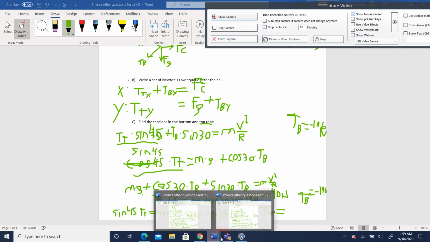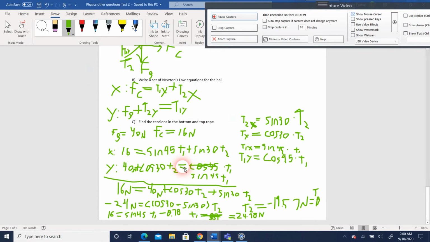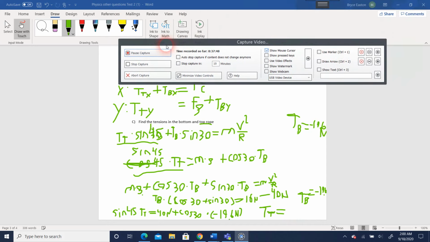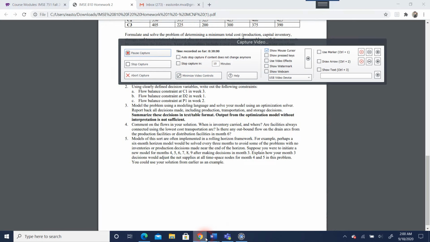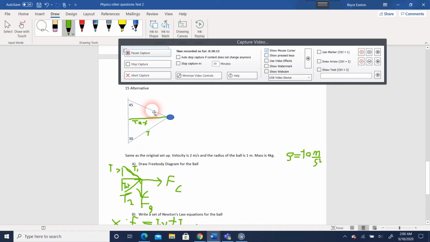So the answer to this one is 24.7, and you see how since the tension is positive, that means that we did have the right direction for this.